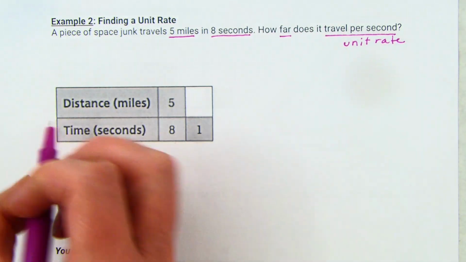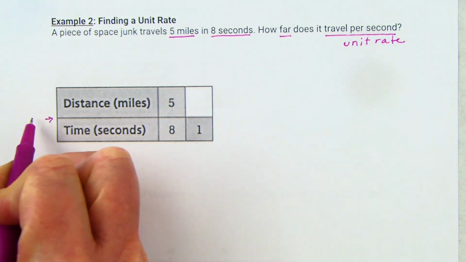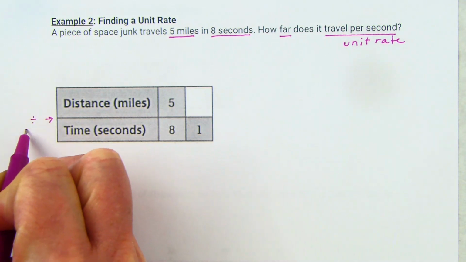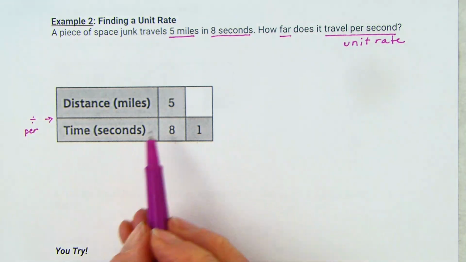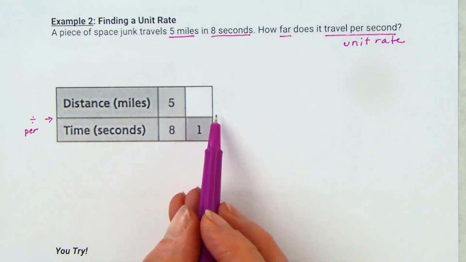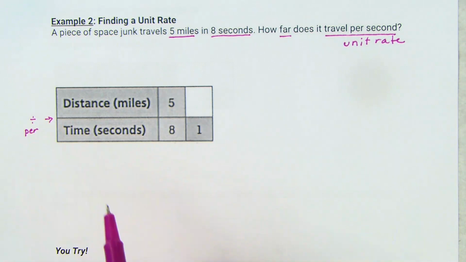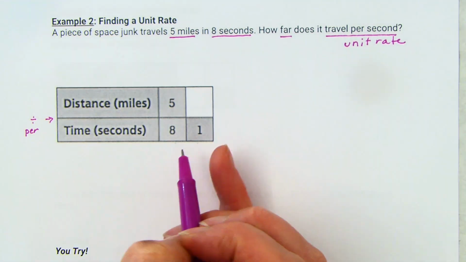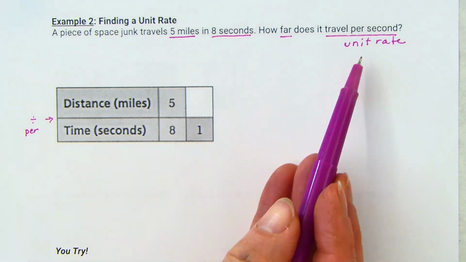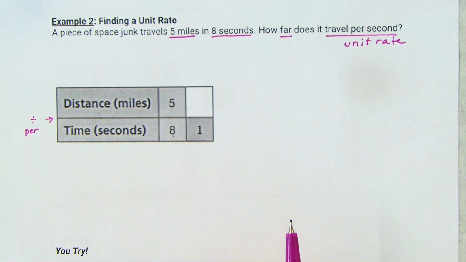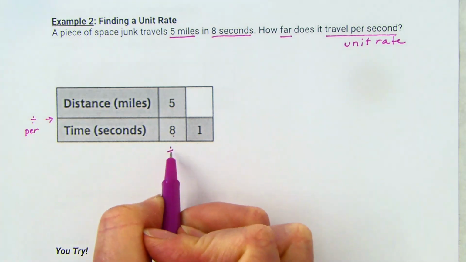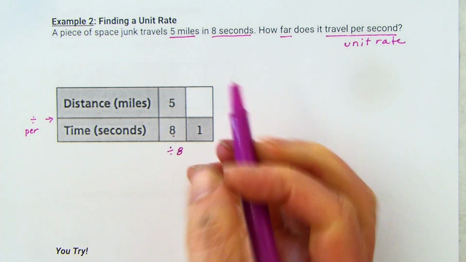And then the division line, this is like divide. And it's per. And then the seconds. All right, so this is like your fraction bar, and division and per are the same thing. And then in my chart, I want to know how it is per 1 second. How do I get from 8 to 1? I divide by 8.